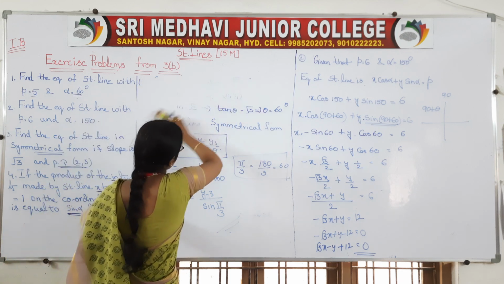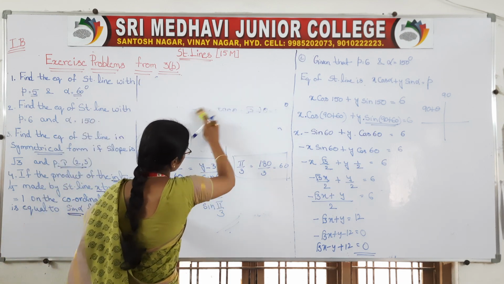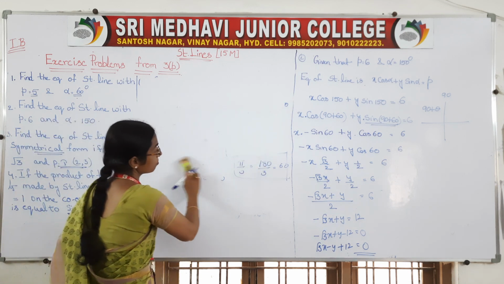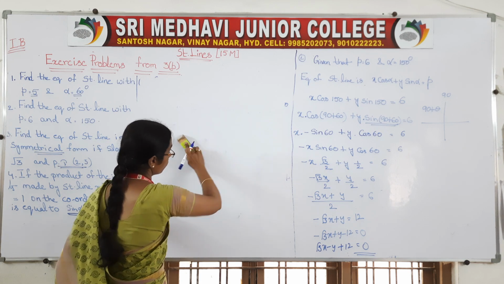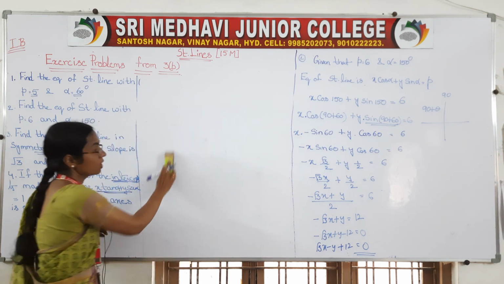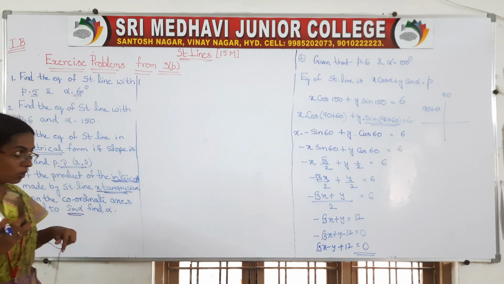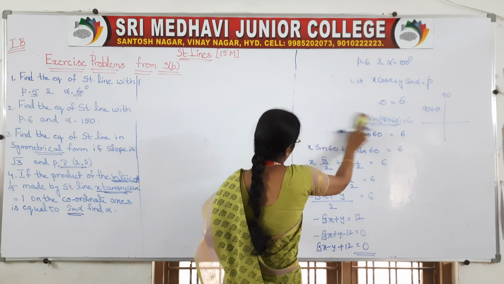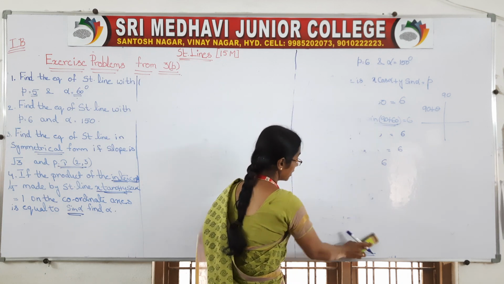So what is the given information? Product of the intercepts. That means the line equation should be in intercept form. So first try to convert your line into intercept form. Then you will know what are the intercepts.